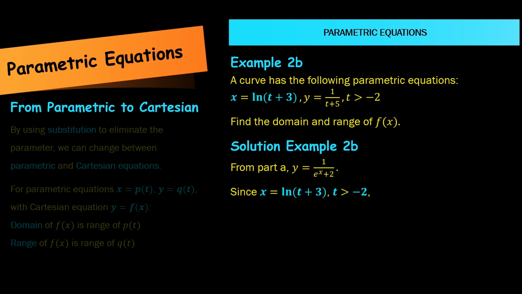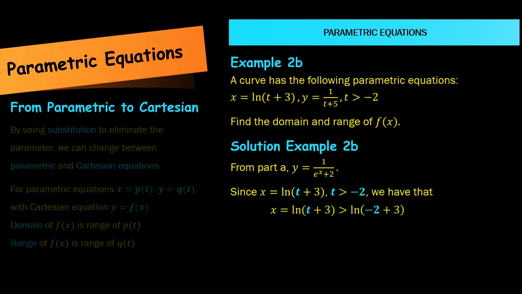Now since x equals ln of (t plus 3), where t is greater than minus 2, we have that x equals ln of (t plus 3) is greater than ln of (minus 2 plus 3). And tidying this up gives us that x is greater than 0.